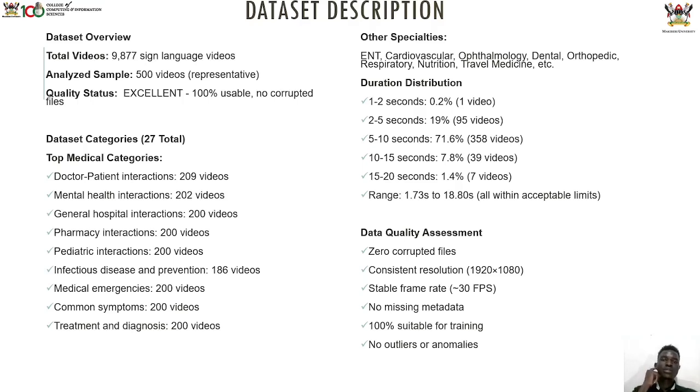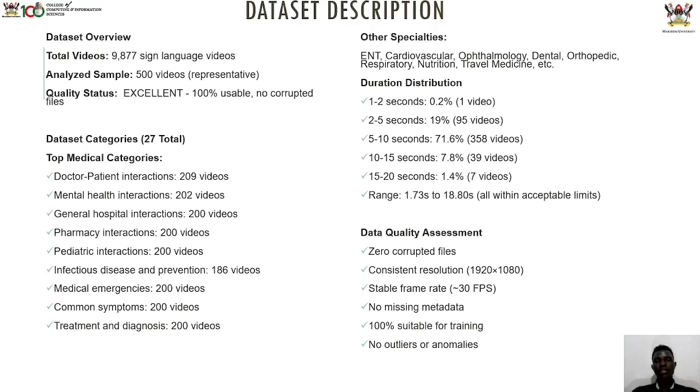Inside the data set, they are in categories, 27 categories. One we were focusing most on was infectious disease and prevention, which has only 186 videos. And then other specialties like dental, orthopedic, respiratory, nutrition, and so on.